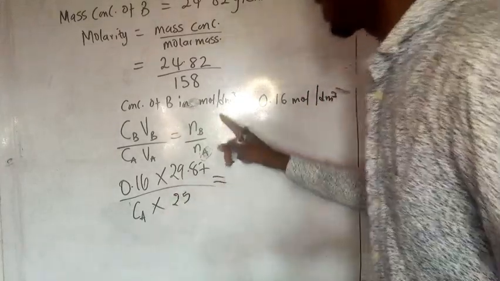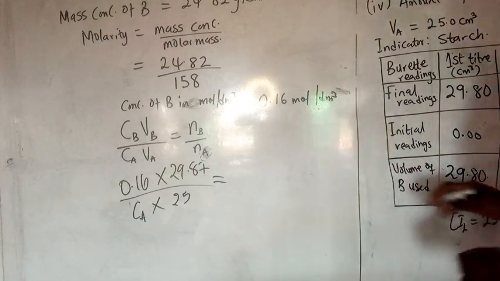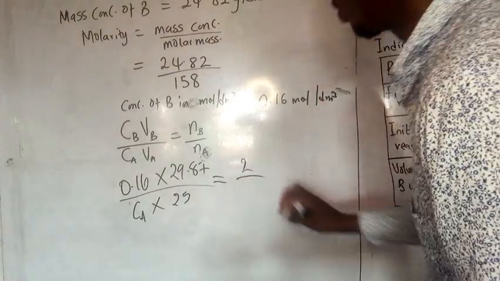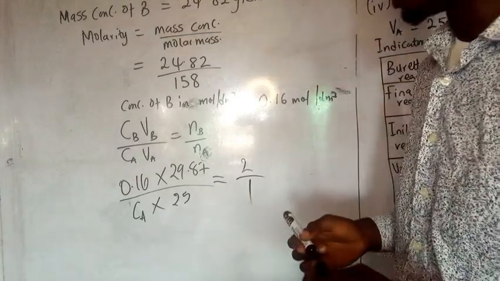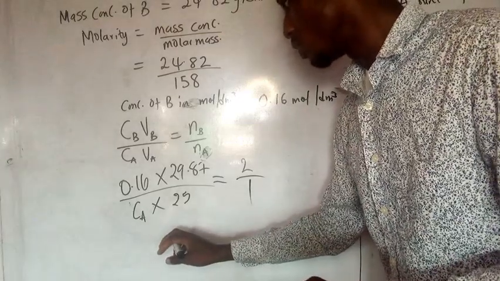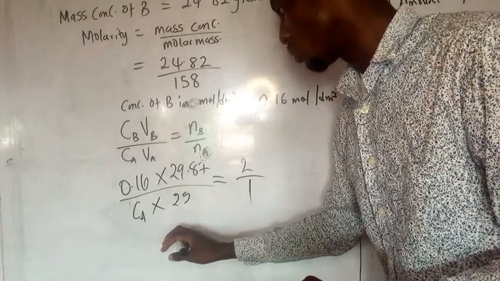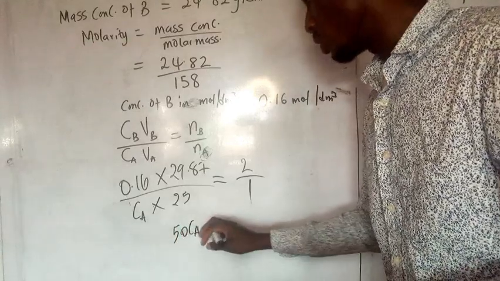All equals NB over NA. NB is the number of moles of B in solution, and that is 2, all over NA, which is 1. Then we have to cross multiply. So I'm going to have 50 CA.